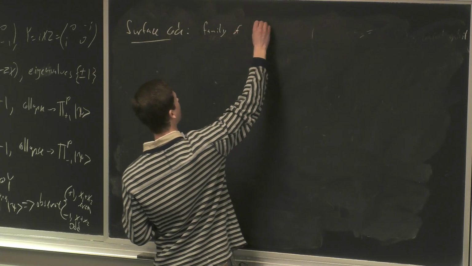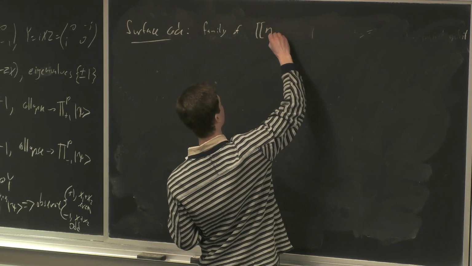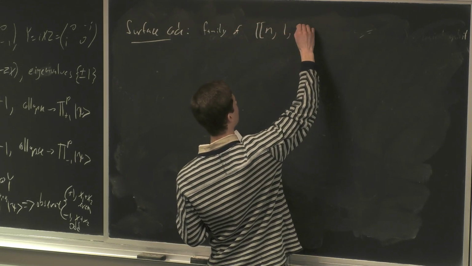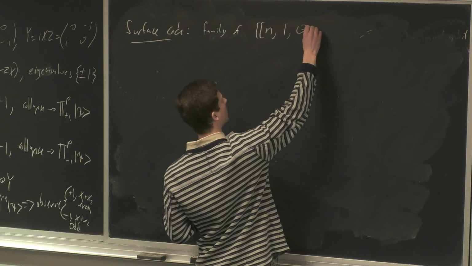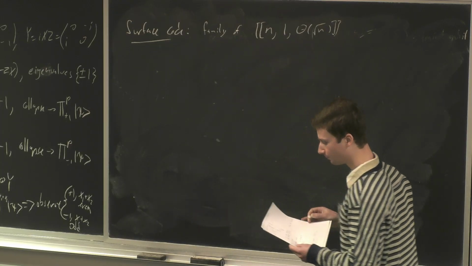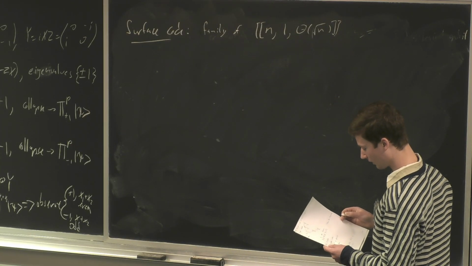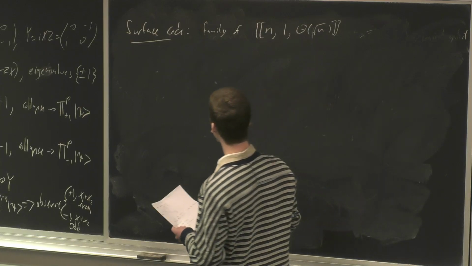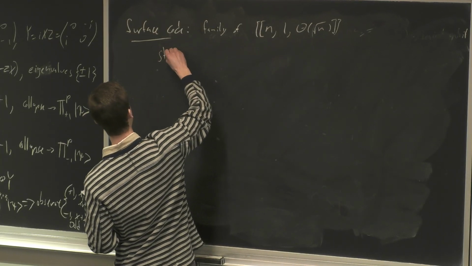It's a family of codes of length n, dimension 1, so one logical qubit, and distance growing as roughly square root of n.